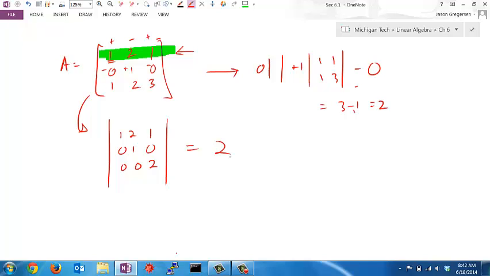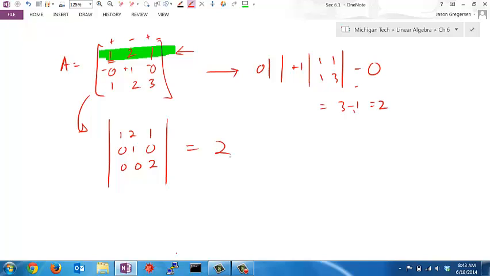Yep. For the triangular matrix, just get it down to REF. To do determinants, you have to be careful because when we're doing that row reduction, we can change the value of the determinant. So in other words, if I were to say I wanted to put this in RREF, the next step would be divide this one by 2. That would take my determinant and divide it by 2 as well. But I have to be a little bit careful. So in general, when I'm doing a row reduction to find a determinant, I'm not going to bother putting it in RREF.